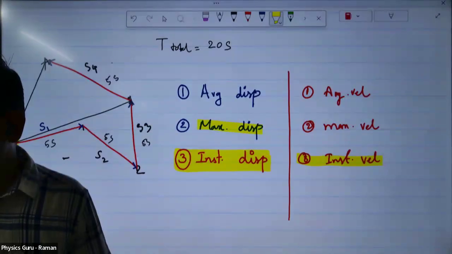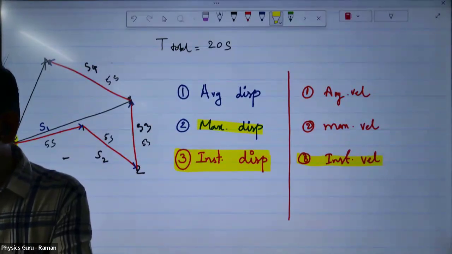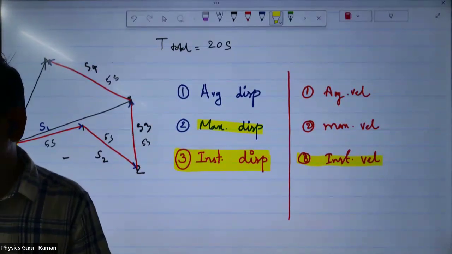Sir, hypothetically, if the maximum displacement is S2, then instantaneous displacement equal to maximum displacement will be at... 10 seconds. Instant means time.